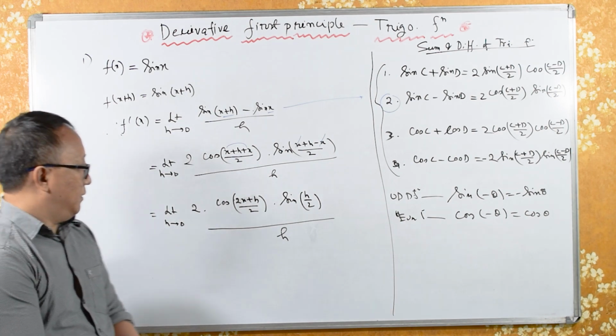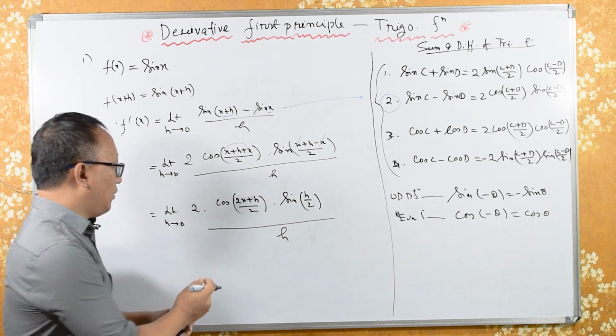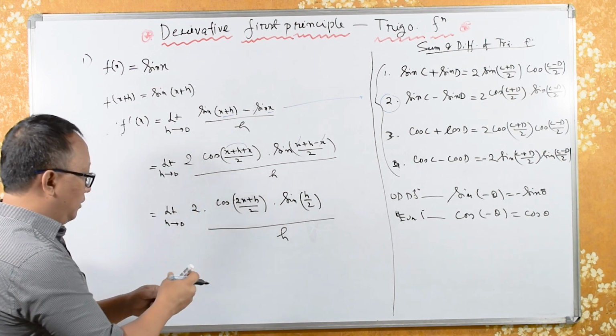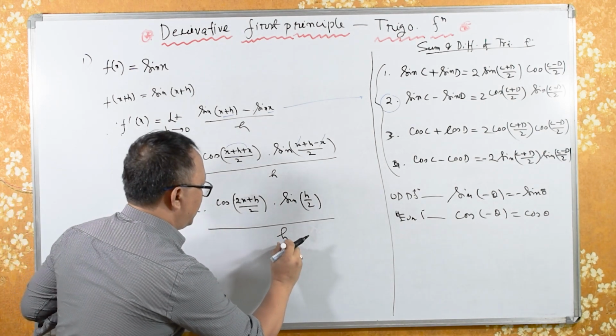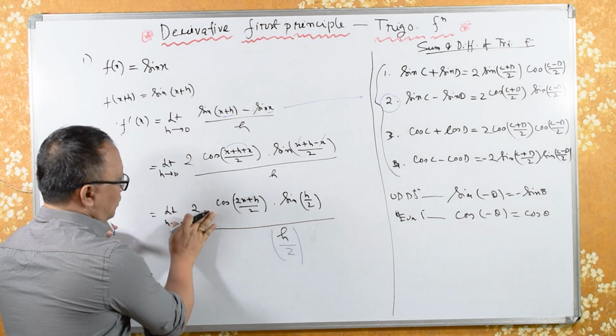Now the 2 I can bring down here. Instead of h, I can write h by 2 in the denominator.